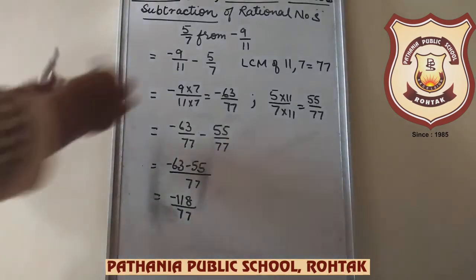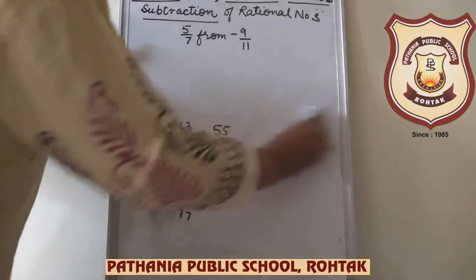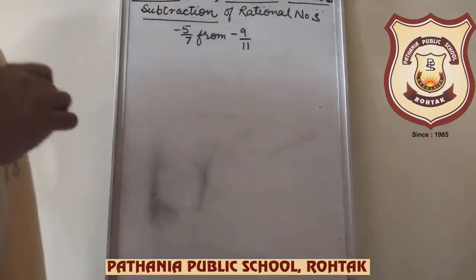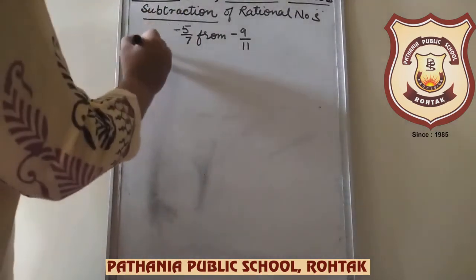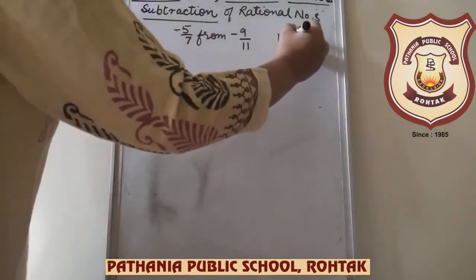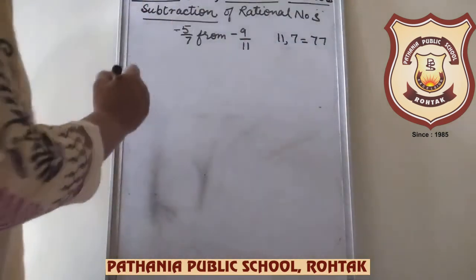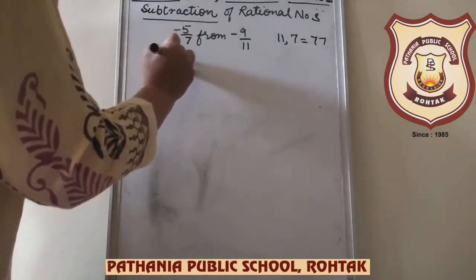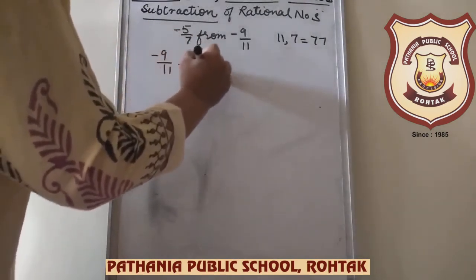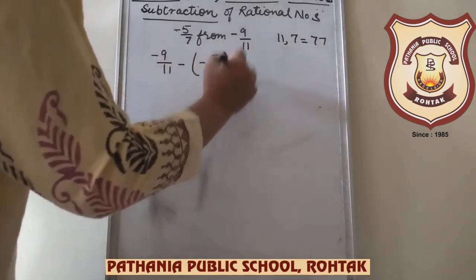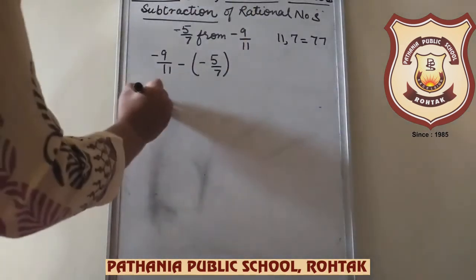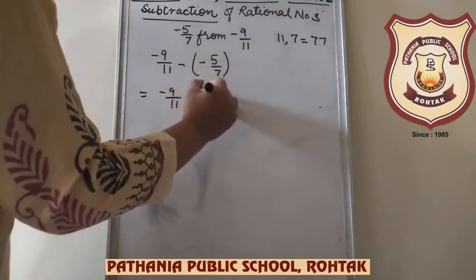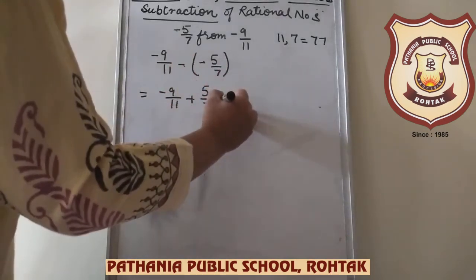Now if the question is the same but there is a change of signs, if this becomes minus, then LCM of 11 and 7 is going to be 77. How are you going to write? Minus 9 upon 11 minus of minus 5 by 7. Okay. Now open the brackets. Minus minus plus. So this thing only you have to keep in mind.